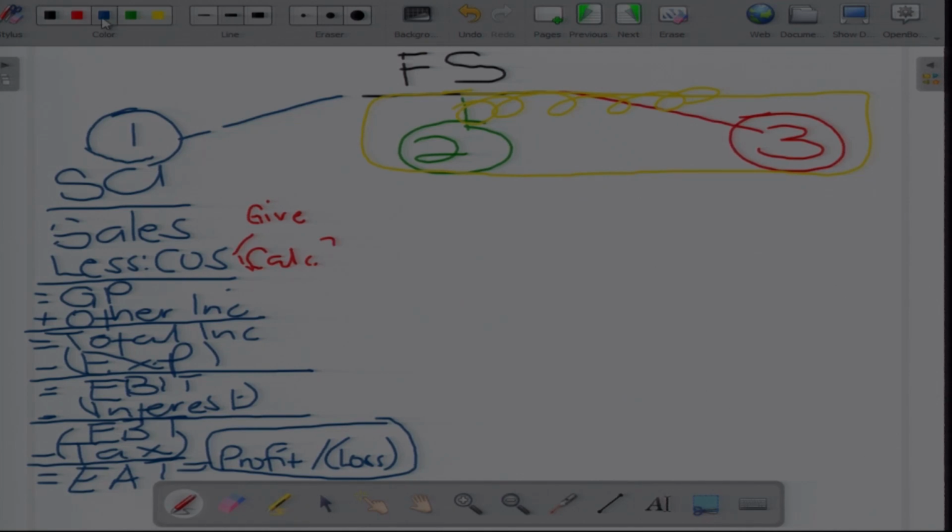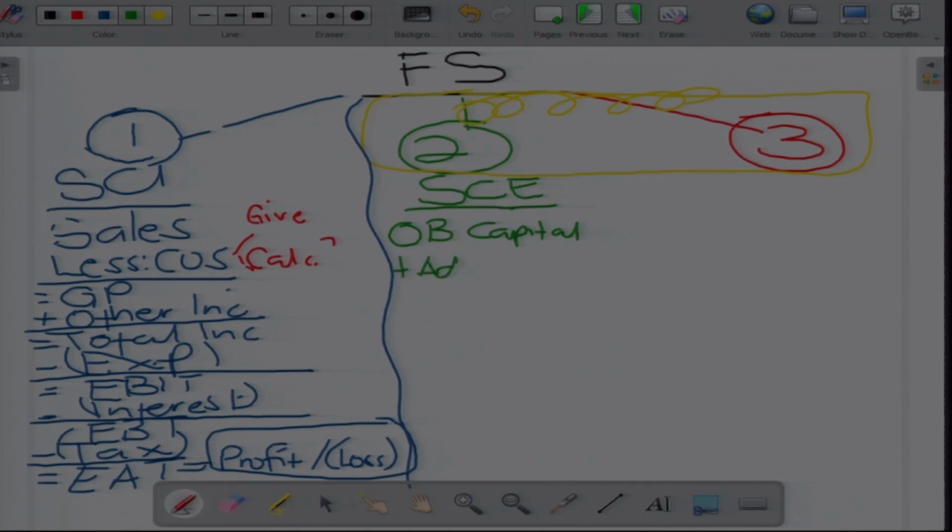Okay. So we are done with the first statement. The second statement, I'm just going to write the formula for you, is opening balance. This is called the statement of changes in equity. This one is only interested in the owner's money. So it's opening balance, capital, plus additional capital contribution, plus or minus profit.